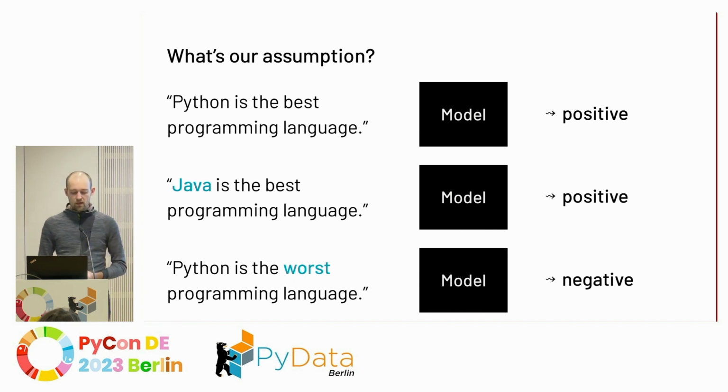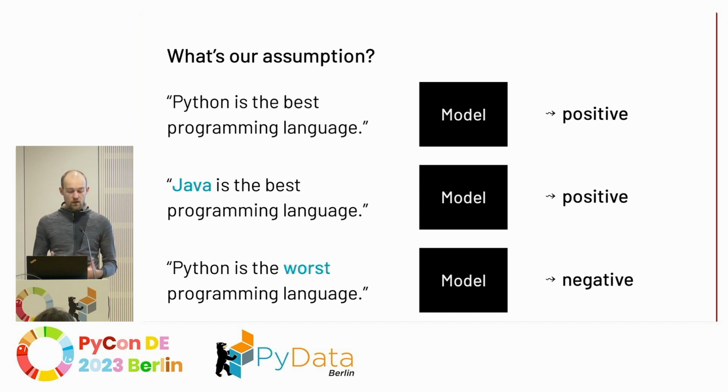And using our example, we already can make an assumption of how many rules we might probably need and what this should look like. So the idea is that we have the sentence, Python is the best programming language, our model predicts a positive sentiment. And intuitively, we already would assume that, for example, if we change the programming language, like Java is the best programming language, then this might not be a true statement, but nevertheless, the model will continue to believe that this is a positive statement.